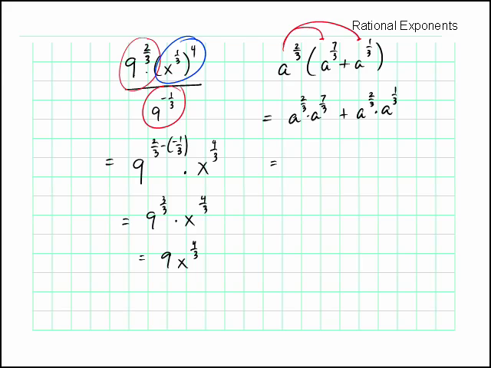Now remember, in this sort of situation, I add exponents. So this right here is a to the 2/3 plus 7/3. And the next one is a to the 2/3 plus 1/3. Adding our fractions together, this is going to be a to the 9/3 plus a to the 3/3. That's a cubed plus a.